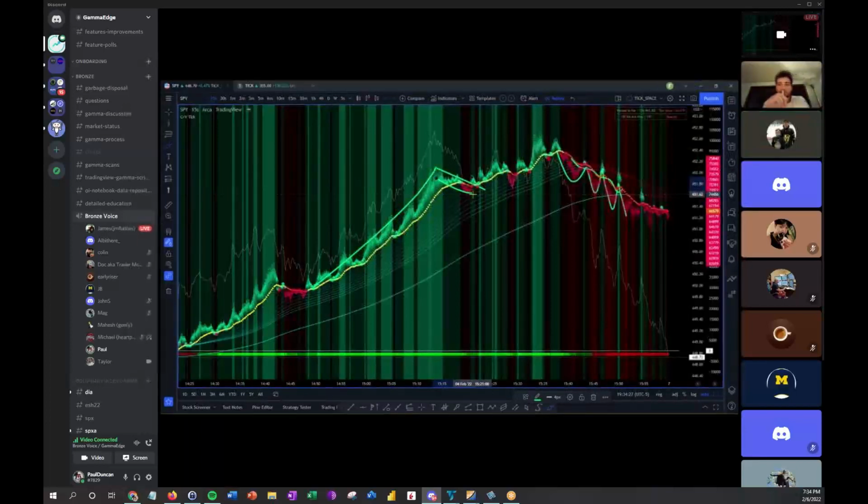And auctions function in the same way across all time frames, just different size buyers and sellers, in my eyes. And so I look for those same structural market patterns, whether it be across tick, across candlesticks, or across Bookmap. And I try to find those things that I understand how to interact with.